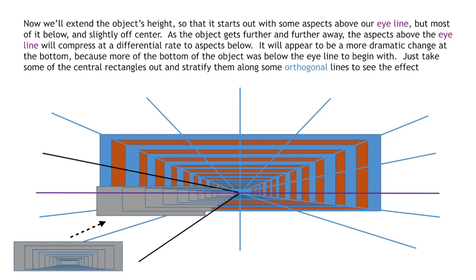So again, just take out some rectangles, stratify them along the orthogonal lines for their rate of ascent and descent, and you will see the effect. You can see here in the bottom left, those are the rectangles that I pulled out from the perspective view, in a central perspective view, and then you just move the corners so that they stratify themselves along the orthogonal lines, which I outlined here in black.